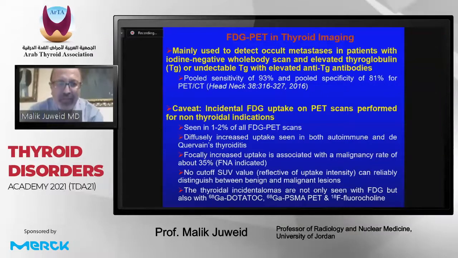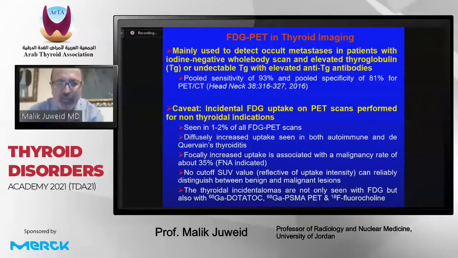Interestingly, these thyroid incidentalomas are not only seen with FDG, but also with other modalities such as gallium-68 DOTA, a somatostatin imaging agent, gallium-68 PSMA PET for prostate cancer, and fluorocholine for prostate and parathyroid imaging.